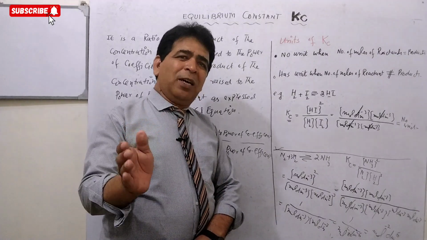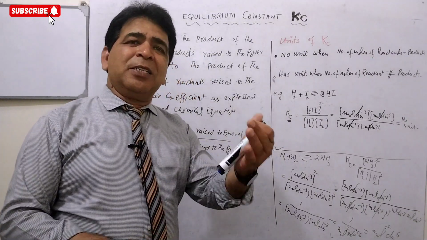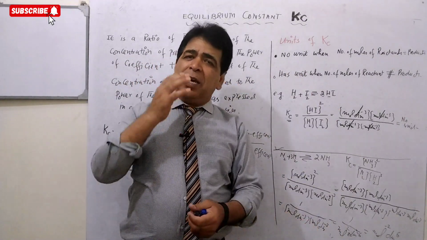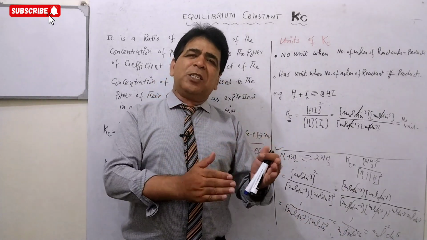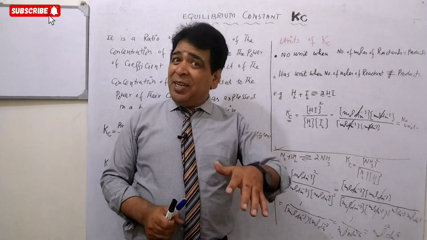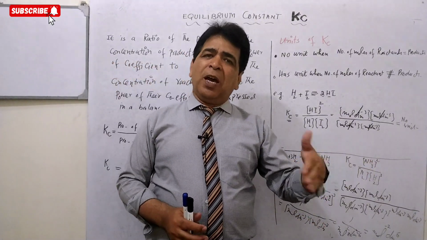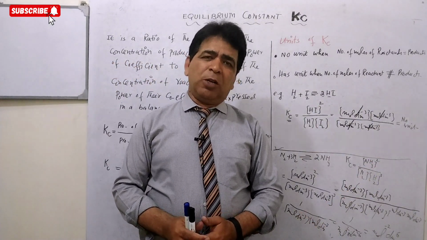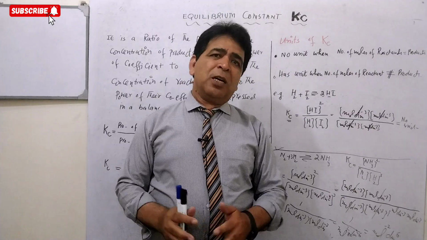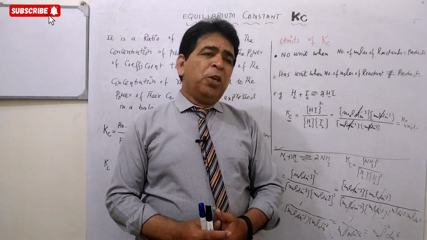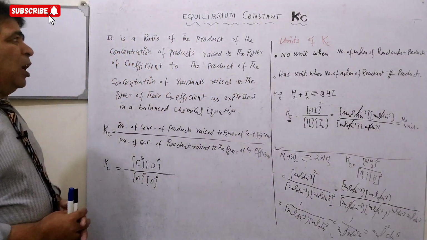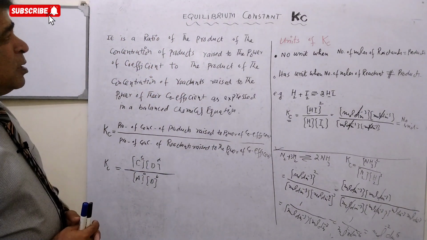It has a unit when the number of moles of reactants and products are not equal, and it has no unit when the number of moles of reactants are equal to the number of moles of the products. Students, hopefully you will have gotten an idea about the equilibrium constant.